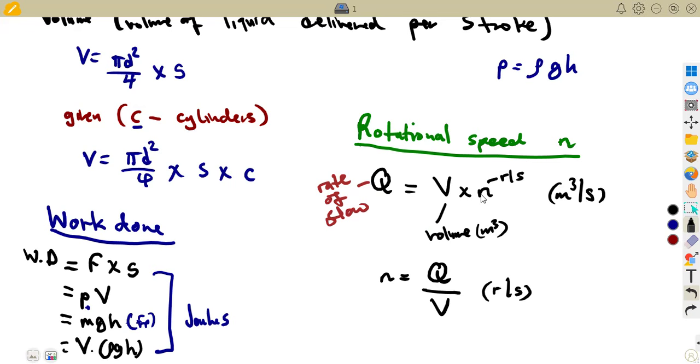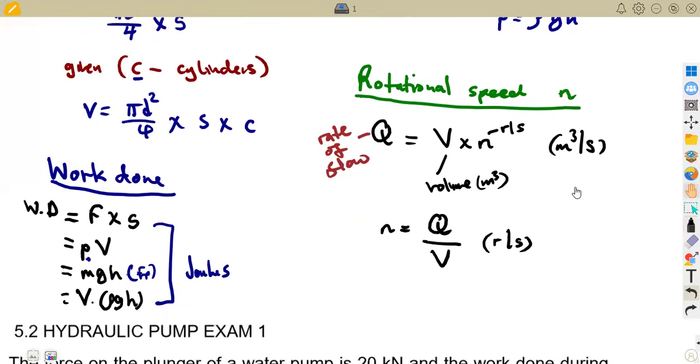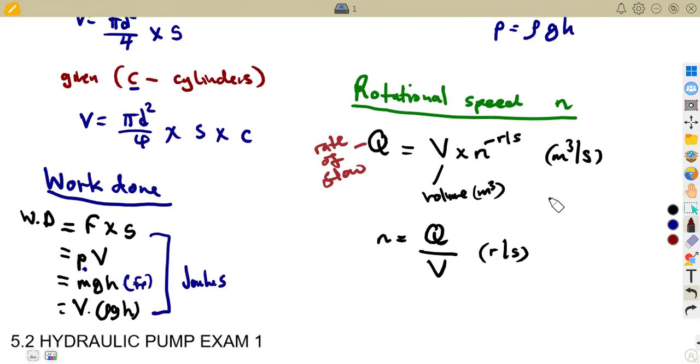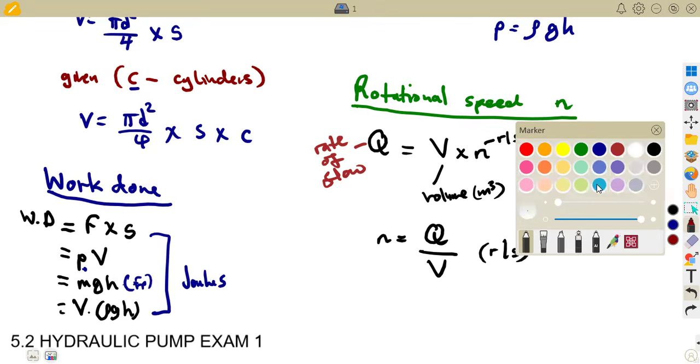Also, the Q that we are talking about here is called the theoretical value, because we do not have efficiency. Remember, when there's an efficiency, it means we now have the actual rate of flow. The efficiency has to be involved.